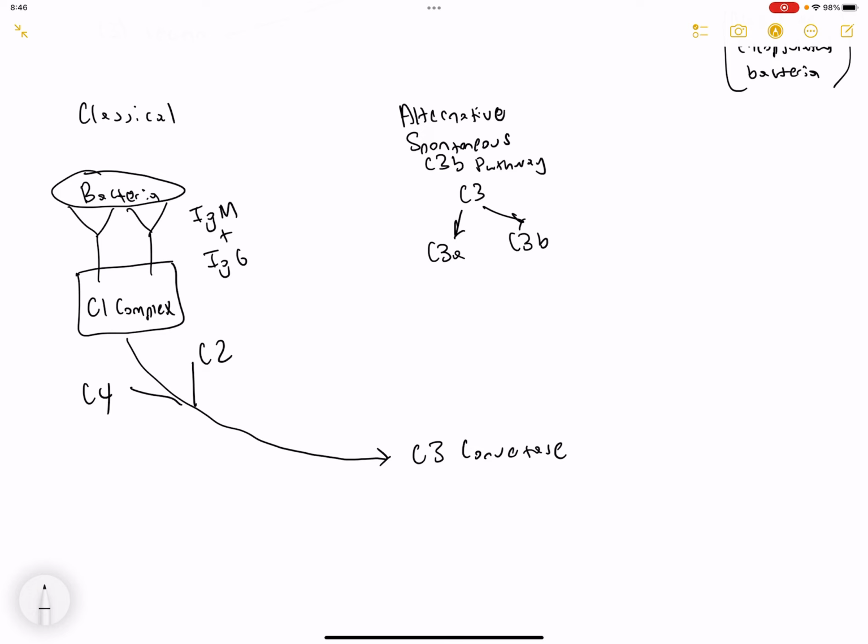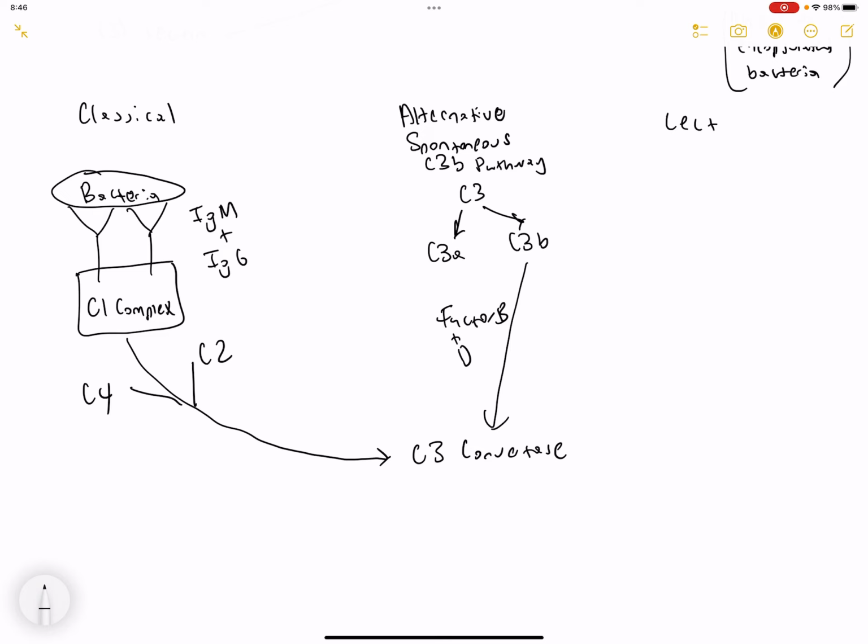But in the presence of pathogens, C3b is going to proliferate, and then it can interact with something called factor B as well as factor D to produce C3 convertase. That is the alternative pathway.